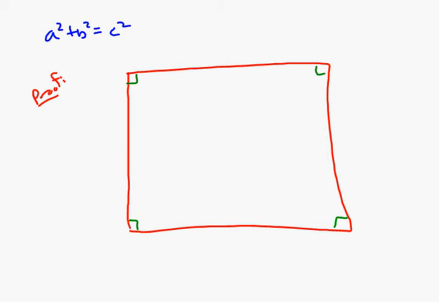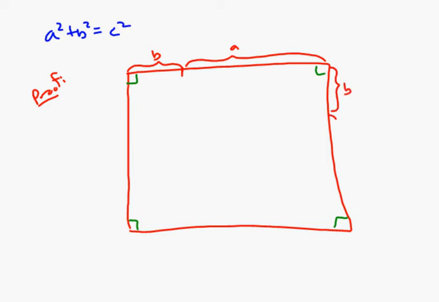I don't see any triangles yet, so I'm going to construct a few things. I'm going to go along a certain distance along the side here. I'm going to call that B. And I'm going to call the remainder of that distance A. I'm going to take this idea and do it to every side. So here I am.